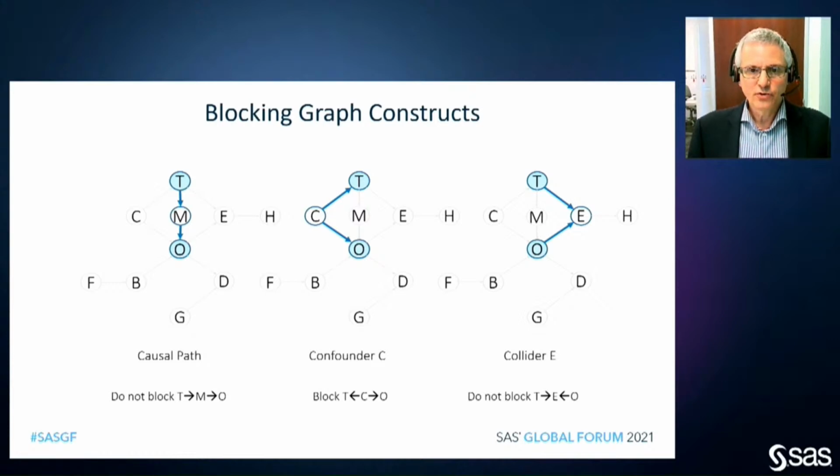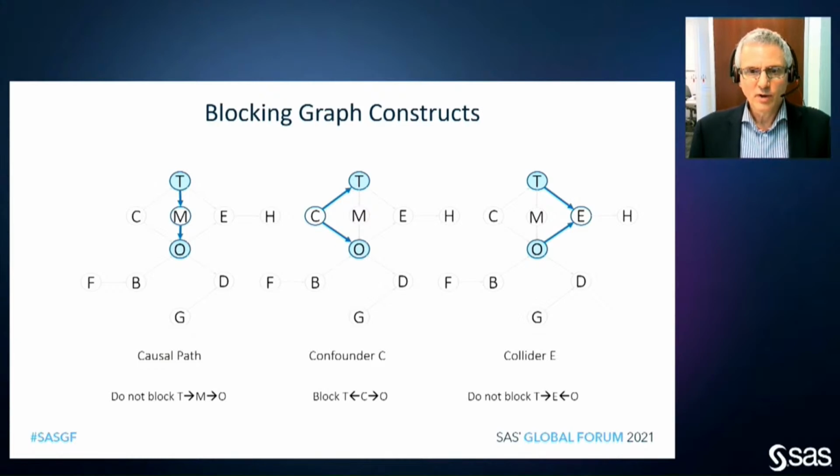In the middle, we do want to block the path TCO to dissociate O from T via the confounder C. Doing so will isolate the causal path of interest in our analysis. If we mistakenly do not block a confounding path, then our analysis will suffer confounding bias.